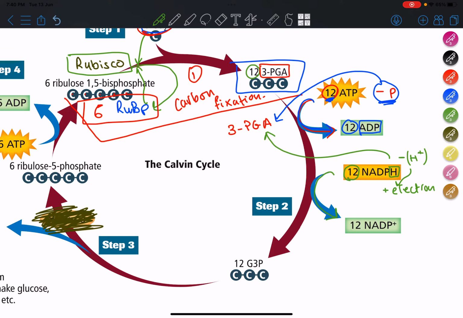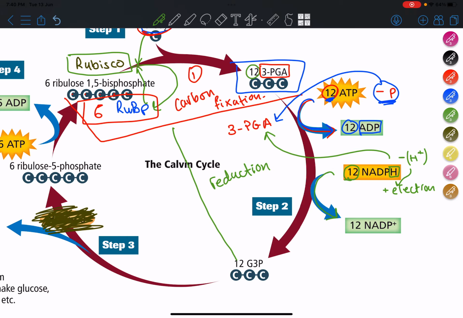The 12 ATP will be converted into 12 ADP because it gives away its phosphate to the 3 PGA. And then the 12 NADPH will be converted into 12 NADP plus because the NADPH will lose hydrogen ions and electrons and give them to the 3 PGA. This step is called reduction.